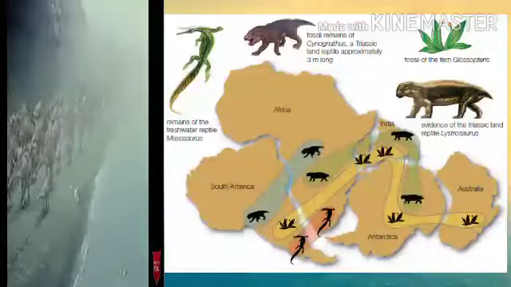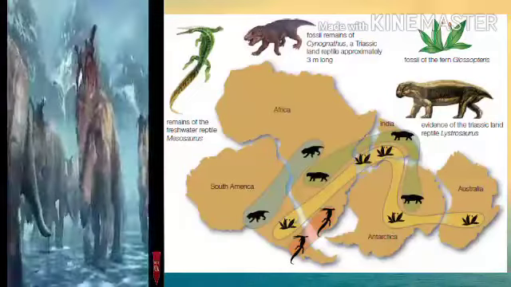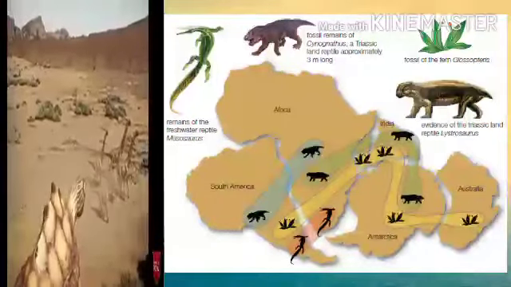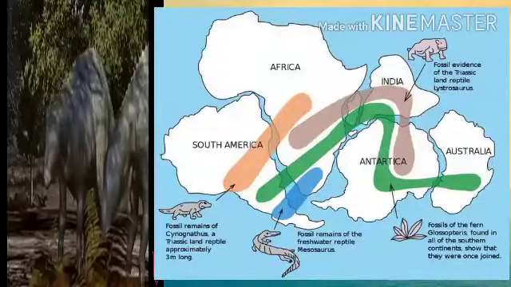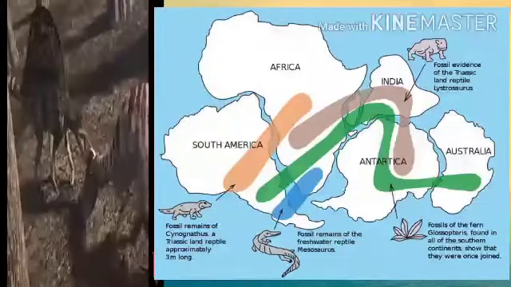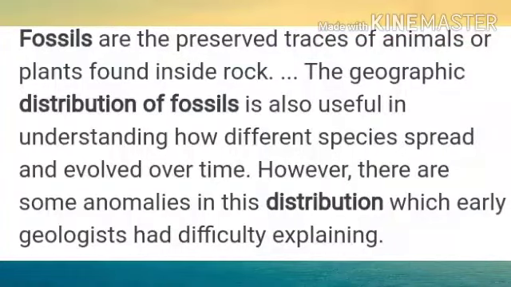Next is the distribution of fossils. Fossils are the preserved traces of animals or plants found inside the rock. They are useful in dating geological material because they indicate which species were alive at the time the rock was formed.